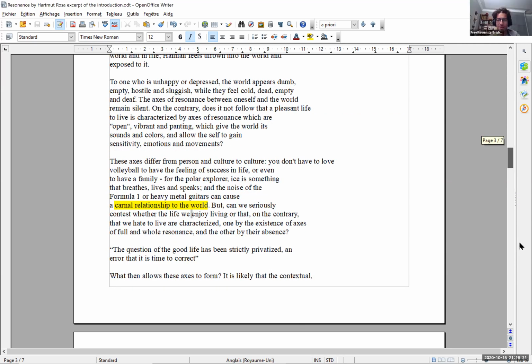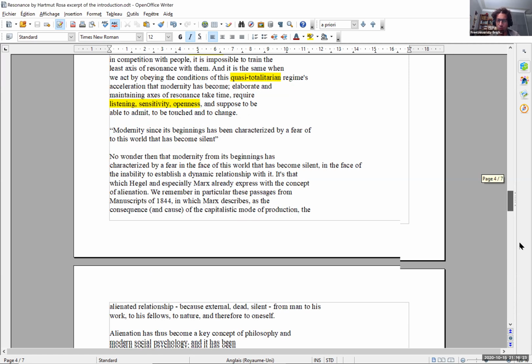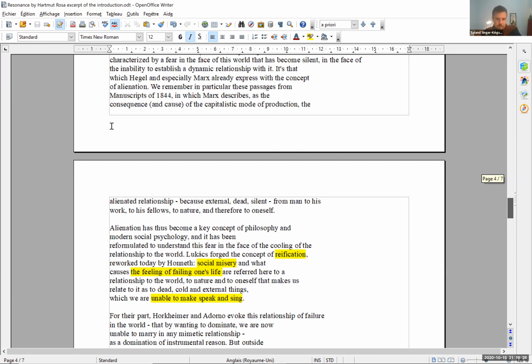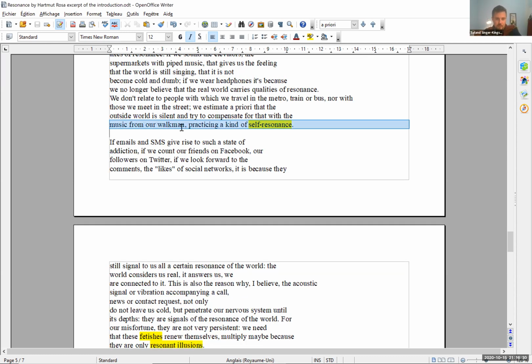That's a good point you're bringing, because I wanted also to discuss the idea of self-resonance with this idea of music from our Walkman, which is, I think, the representation Rosa has in his mind when he thinks of silence.